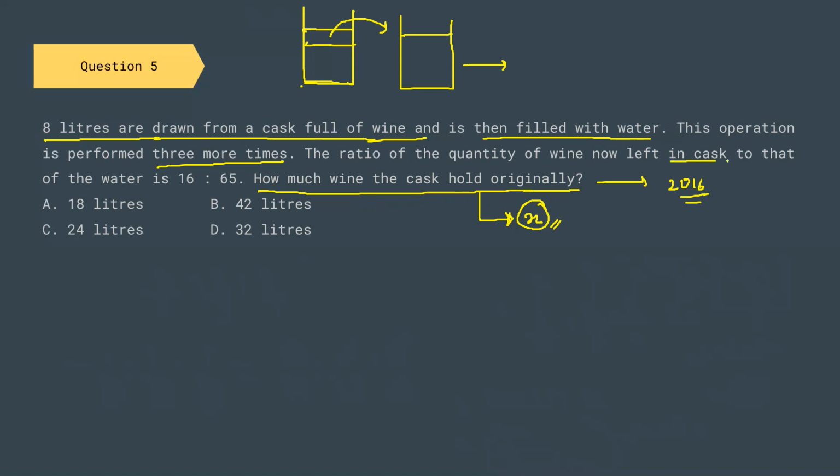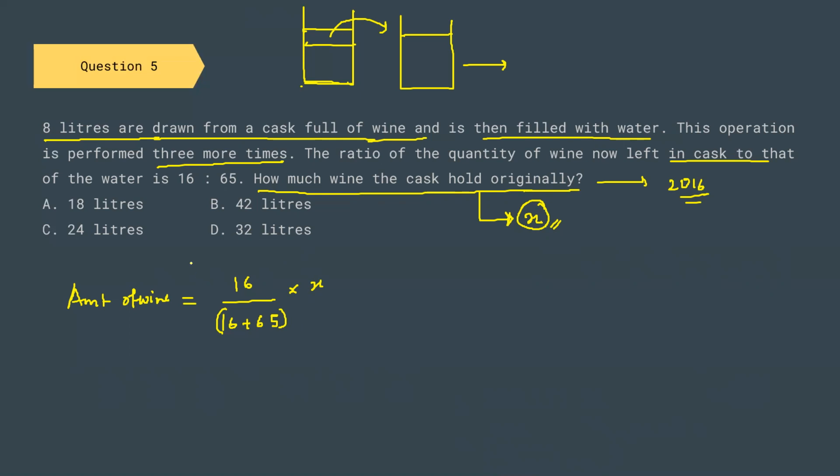From the second relationship, we can say that the amount of wine left after 4 operations is 16 divided by (16 plus 65) into X. If you remember my previous lesson, we had tried to find the total amount of liquid left from the ratio of the liquid.